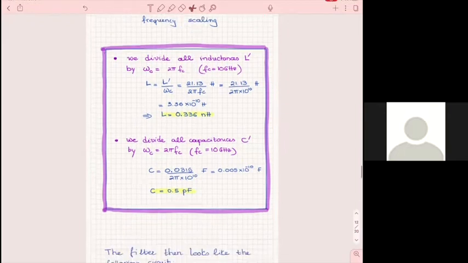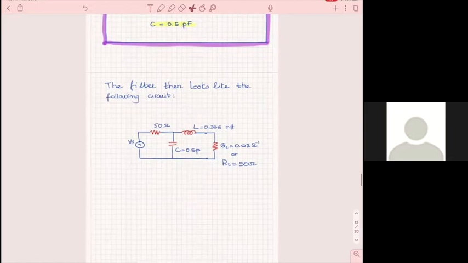Okay, and now if you do that to the previous 3-stage filter, the 2-stage filter, you get it with a real value. So your source impedance is 50 ohms. Your load conductance here is 0.02 or 1/ohm. If it's a resistor, it is 50 ohms.